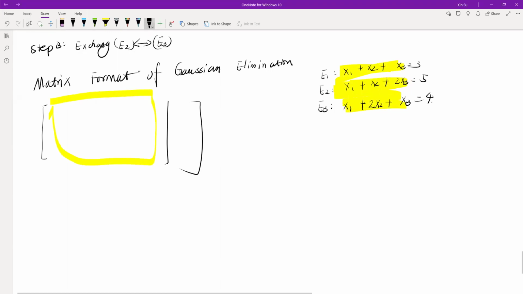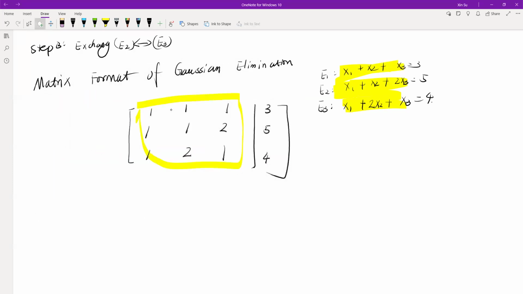For the coefficients, for the first row, I got 1, 1, 1, and then 1, 1, 2, and then 1, 2, 1, and then 3, 5, 4.